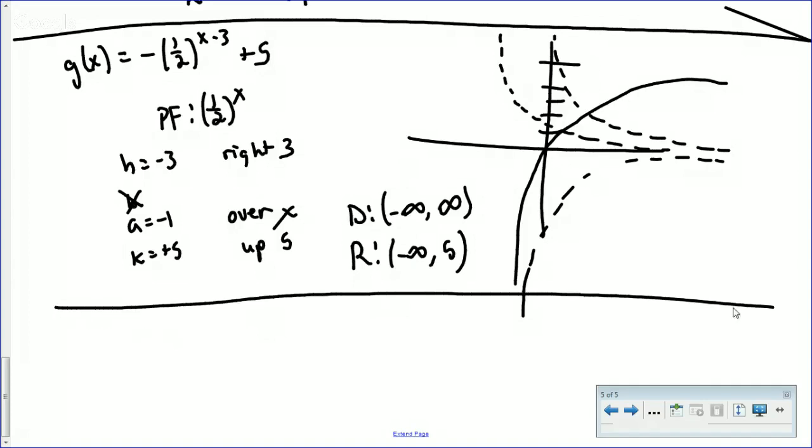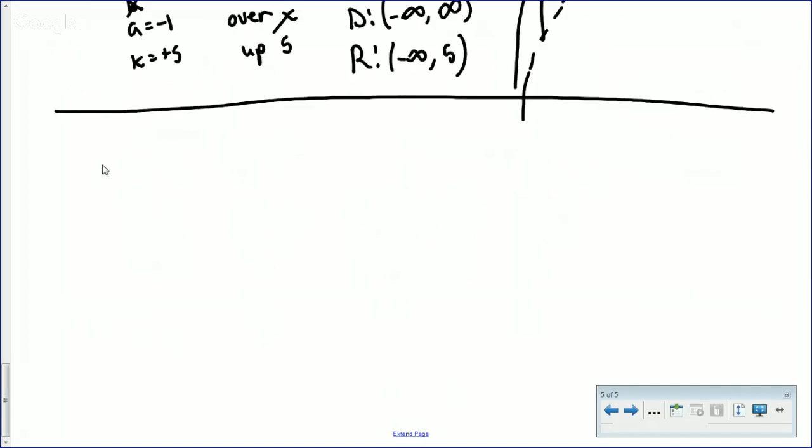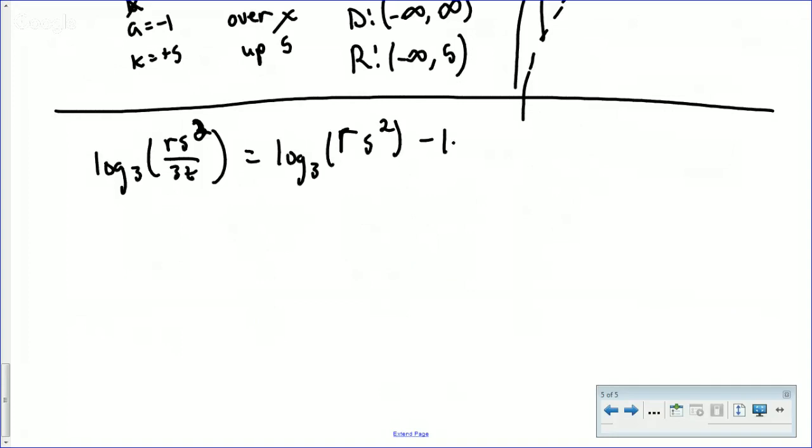Okay, we want to expand log base 3 of rs squared, that's a square, over 3t. So I expand division with subtraction. So I have log base 3 of rs squared minus log base 3 of 3t.